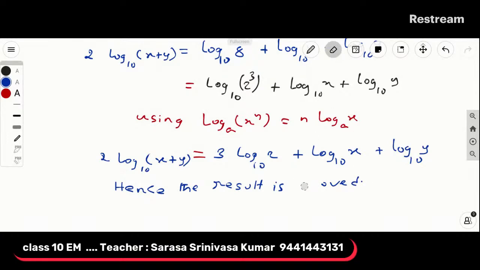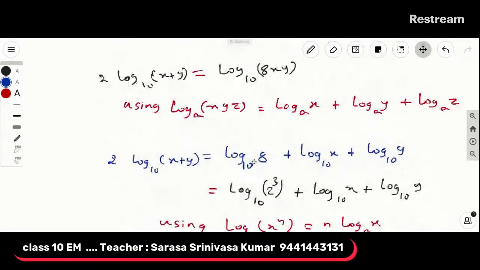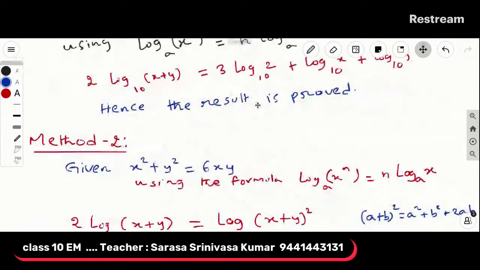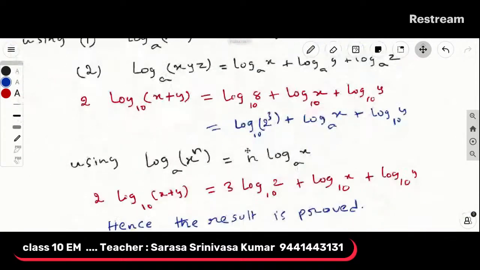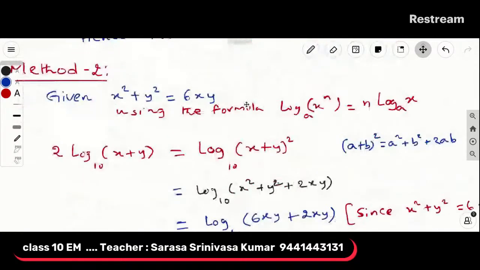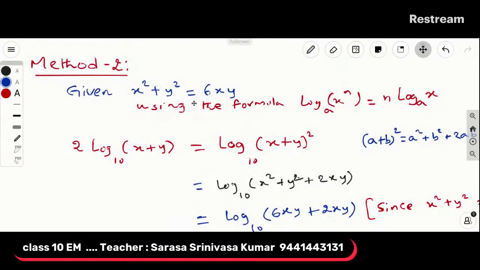So remember here in this problem I have taken the left hand side part of the given condition. In the earlier problems I have considered the right hand side part of the given condition, and this is method 2. In the earlier problems, x square plus y square equal to 27xy, I considered 27xy and proved the result.